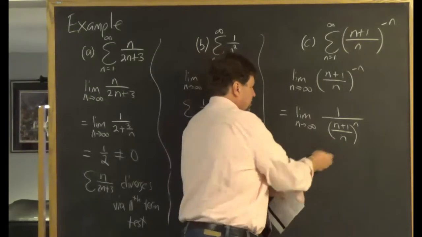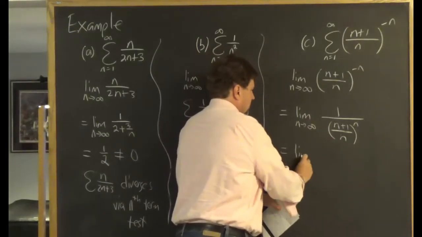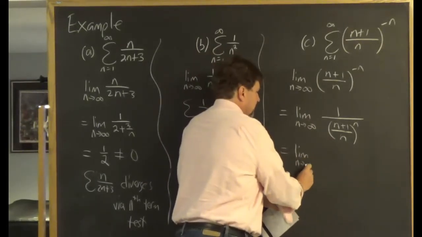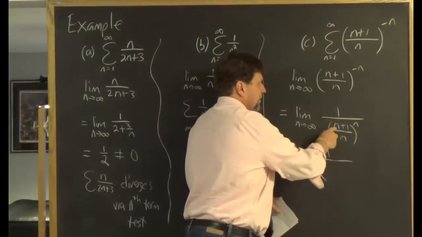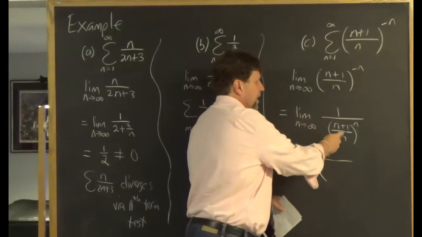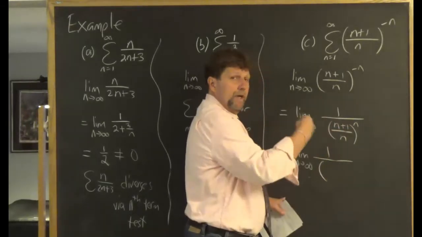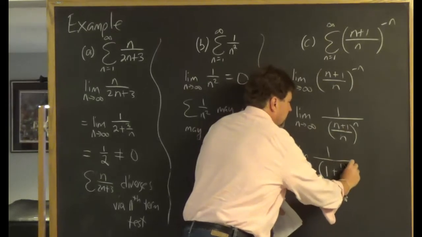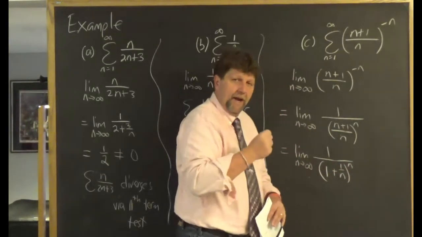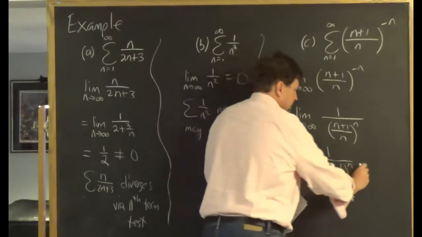And then look inside the parentheses. I can clean this up. I could write it as n over n plus 1 over n. Well, n over n is 1, so 1 plus 1 over n to the nth power. And now I know exactly what this limit is.